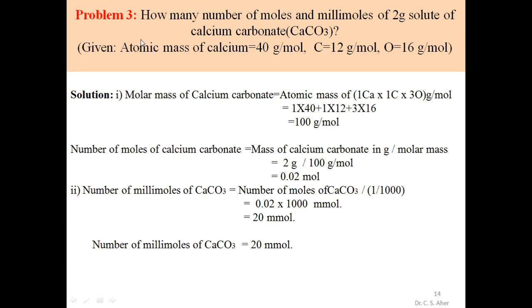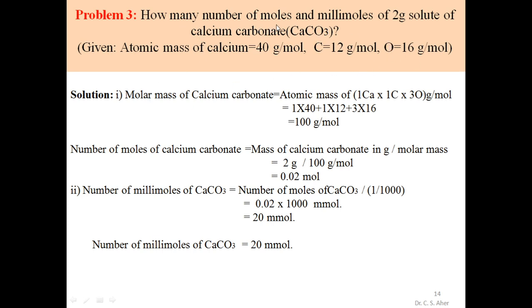Third example: how many moles and millimoles are in 2 gram of solute of calcium carbonate? What is given? The atomic masses are given: calcium is 40 gram per mole, carbon 12 gram per mole, oxygen 16 gram per mole.